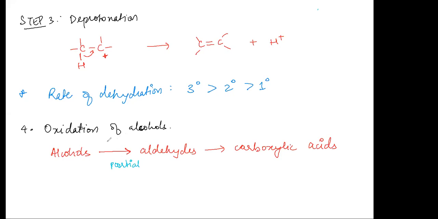And if you take any stronger oxidizing agents, a carboxylic acid will form directly. So if you take a strong oxidizing agent like potassium permanganate, for example, then you directly get carboxylic acid. But usually this is the order: you get alcohols, on partial oxidation the first step you get aldehydes, and the next step you get carboxylic acids.